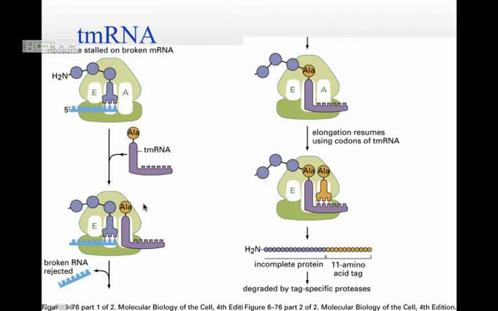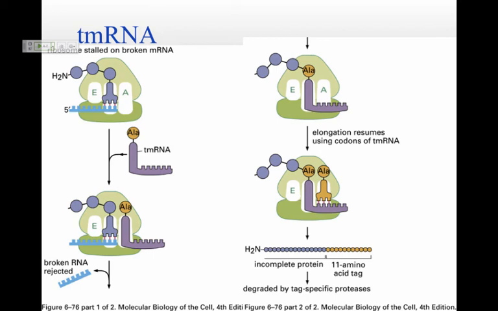So that says this is not a good protein, degrade this protein. And in bacteria, it's a slightly different process. We'll talk about the protein degradation in eukaryotes, again, probably on Monday. So this is how you deal with broken messenger RNAs that you have in bacteria.